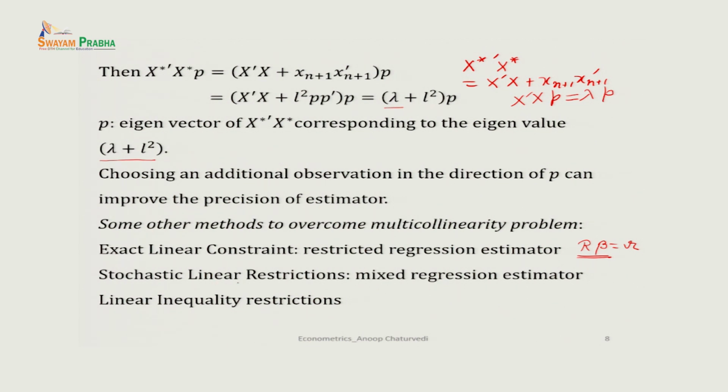Or stochastic linear restrictions, so you get the mixed regression estimator. We also discussed the mixed regression estimator in one of the lectures. Or if you have linear inequality restrictions, then you can write these as stochastic linear restrictions, and then again you can apply the mixed regression estimator for estimating beta. This may resolve your problem.